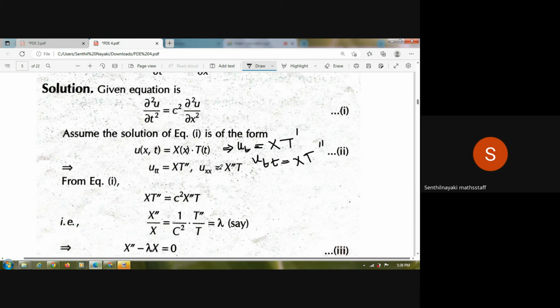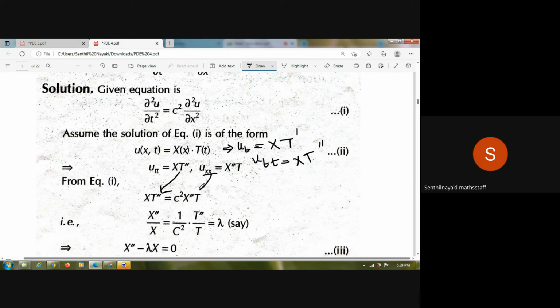Substitute u_tt and u_xx values in equation 1, that is, in the wave equation. Then the left hand side ∂²u/∂t² is u_tt. Therefore, X·T'' = c², where c² is a positive constant, times ∂²u/∂x², which is u_xx.